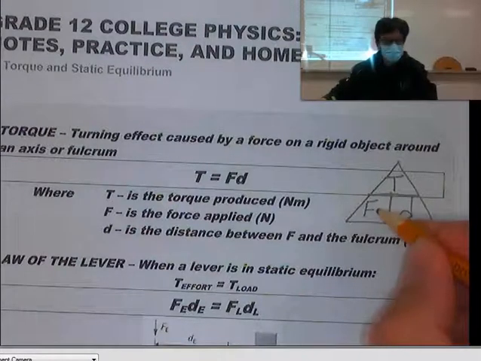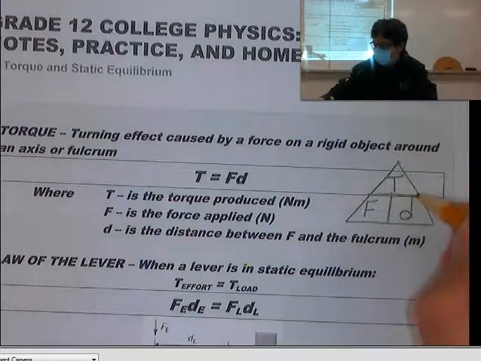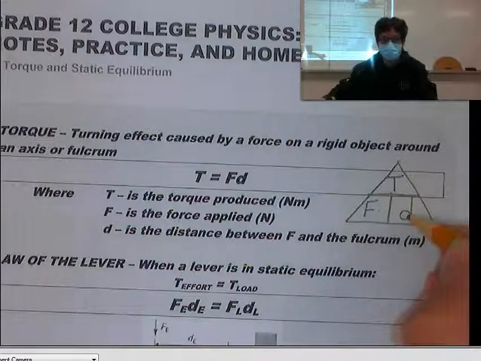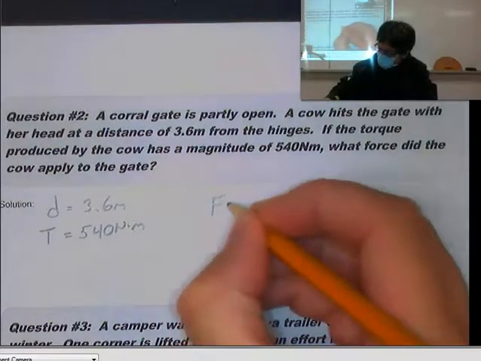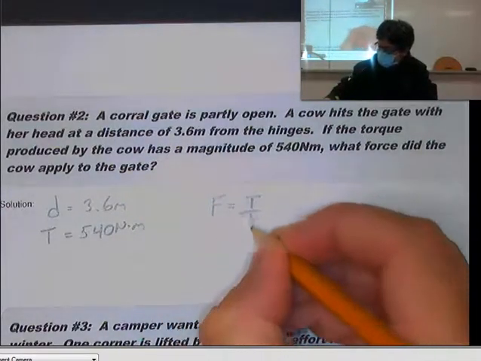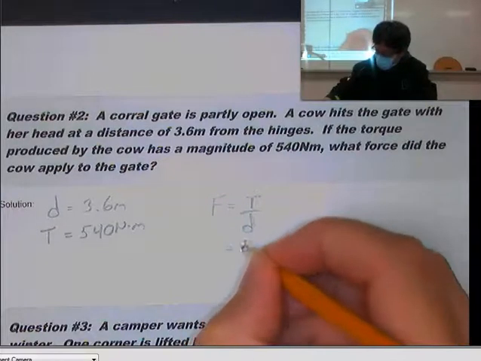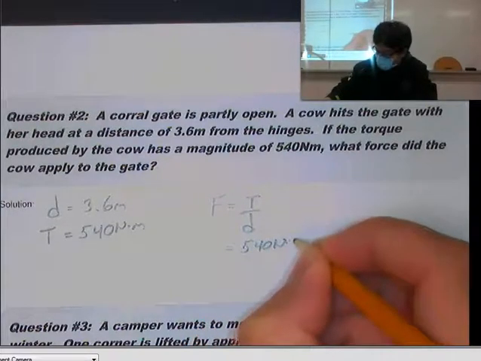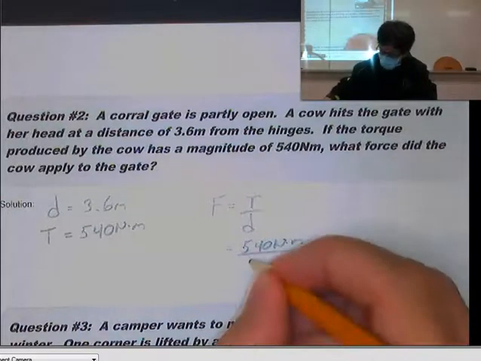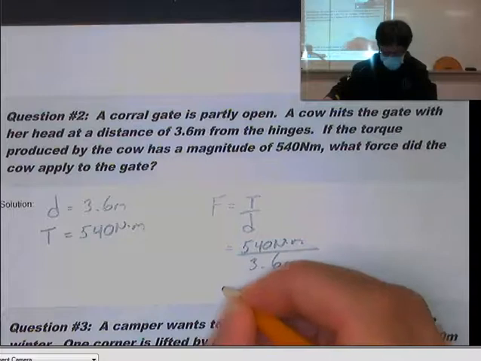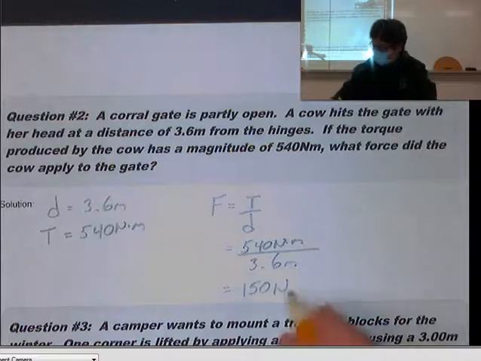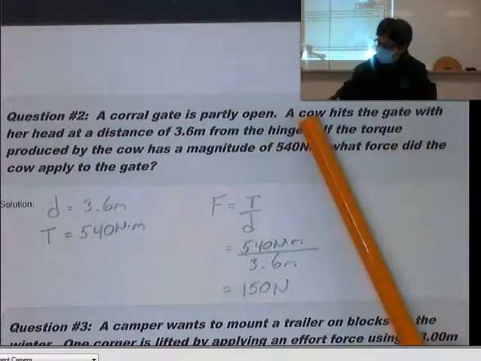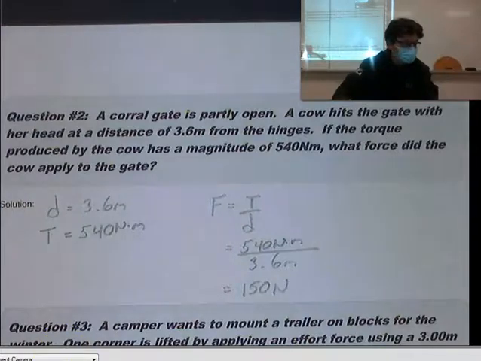So force will equal torque divided by distance. Torque is 540 newton meters, and distance is 3.6 meters, which gives us a force of 150 newtons, which honestly isn't that much. I expected more from one of these bulls, or sorry, cows.